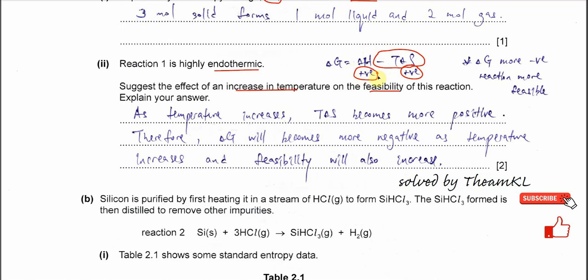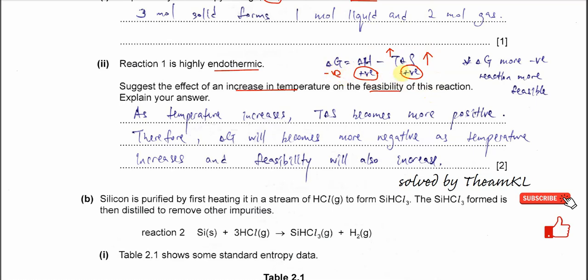So how to make the T delta S larger? By using the temperature. If the temperature increases, T delta S is going to be larger. So delta H minus a larger value, eventually delta G will become negative.